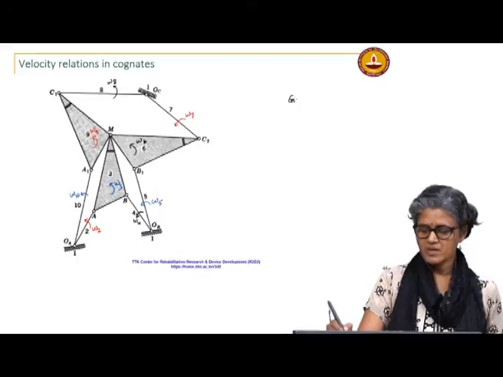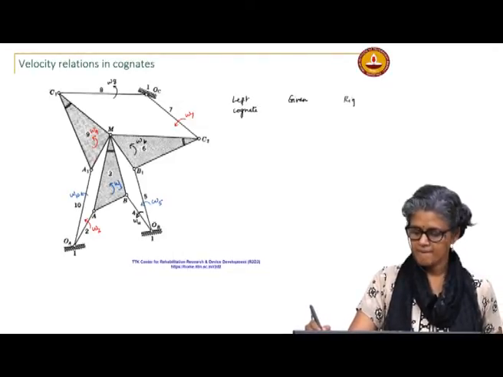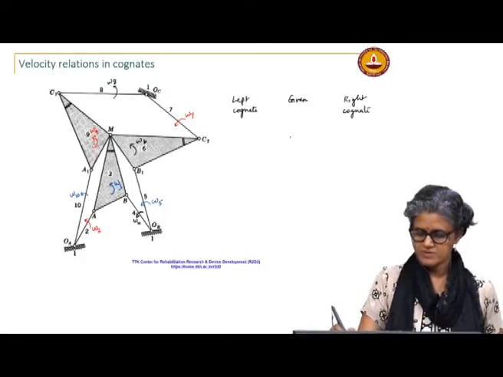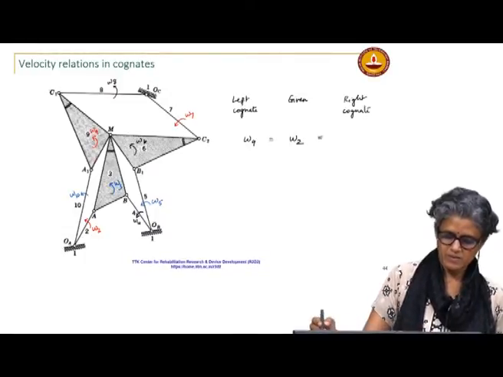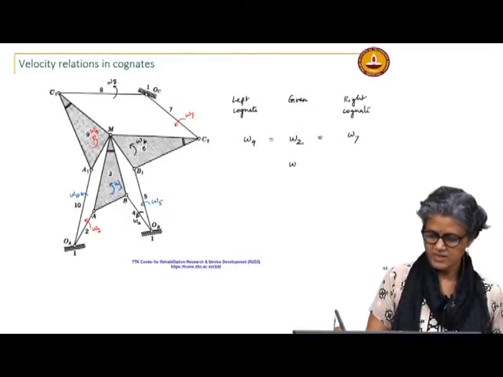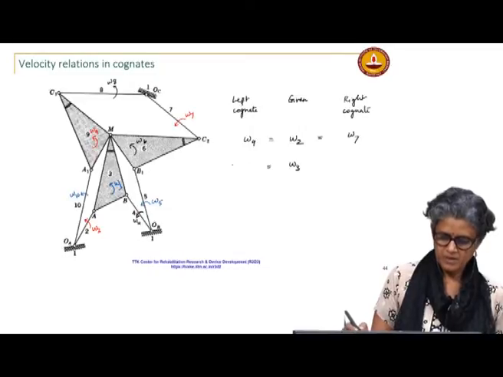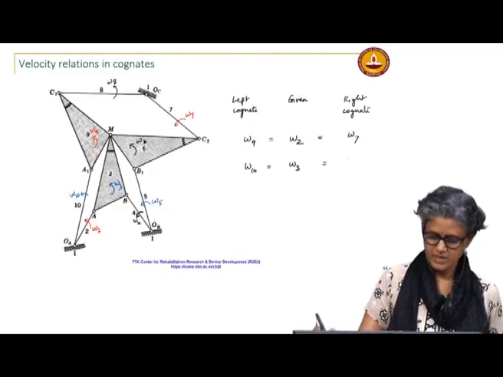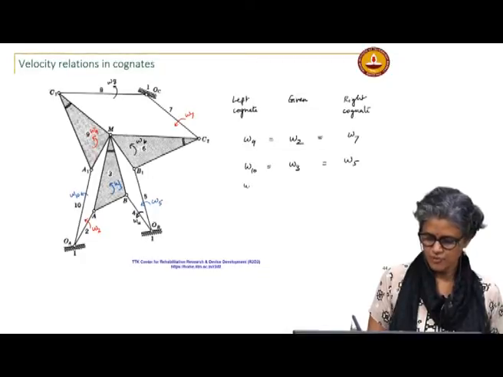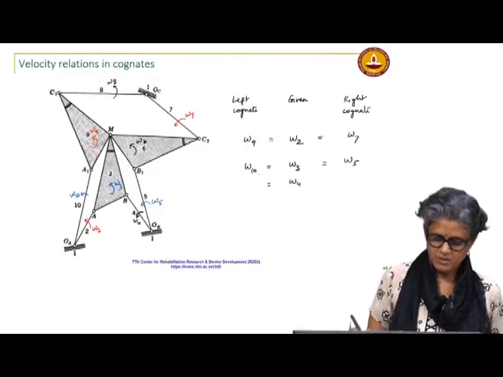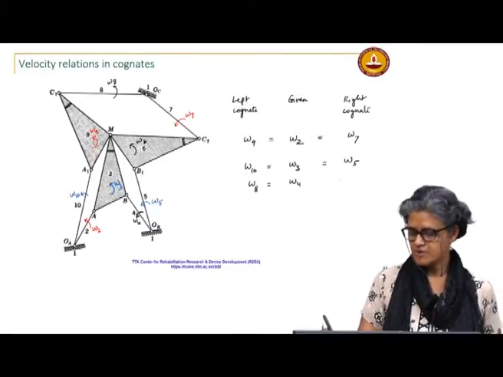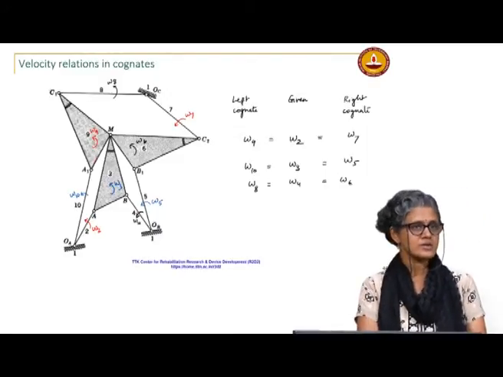So, in the given linkage, left cognate, right cognate, this is omega 2, this is omega 9 equal to omega 7, omega 3 in the given linkage is equal to omega 10 in the left cognate and omega 5 in the right cognate, and then omega 4 in the given linkage is equal to omega 8 in the left cognate and omega 6 in the right cognate.